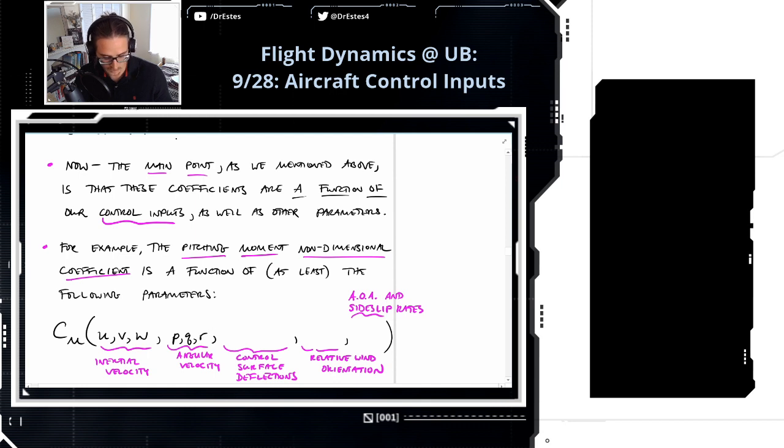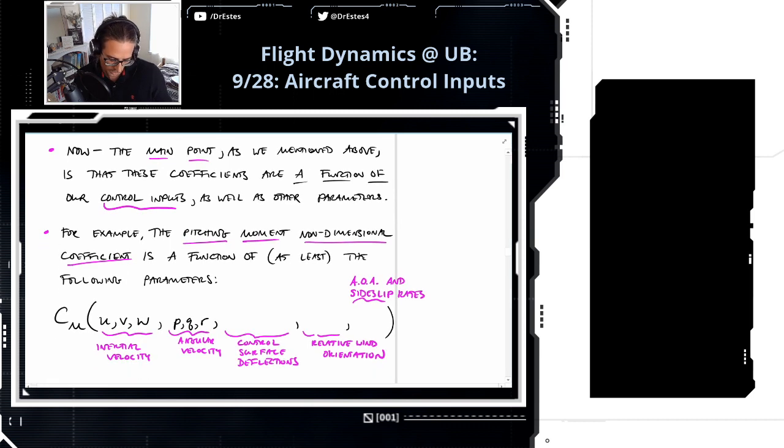So these are the components of inertial velocity and angular velocity projected onto body frame basis vectors right here. Okay, here are the important ones. Like, I don't know, all of these are important. But we want to see how this pitching moment is related to these deflections of the control surfaces. How does my elevator deflection affect my pitching moment?